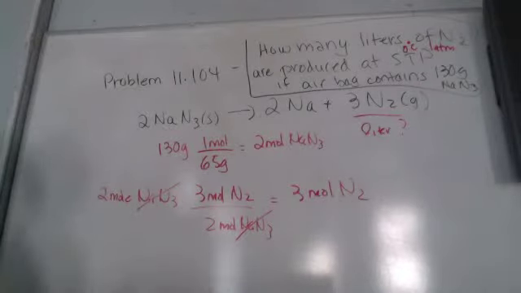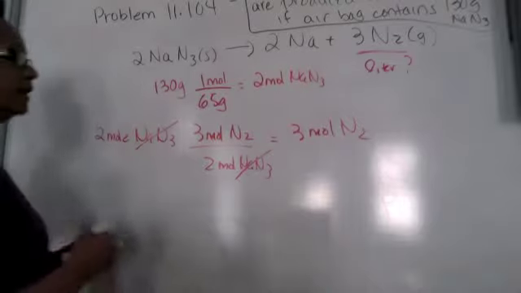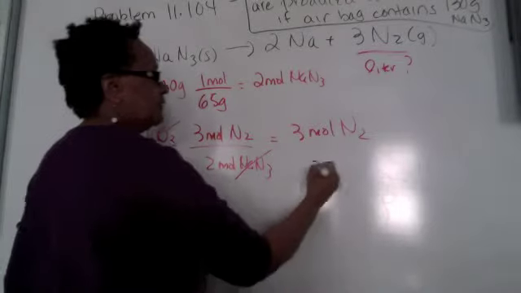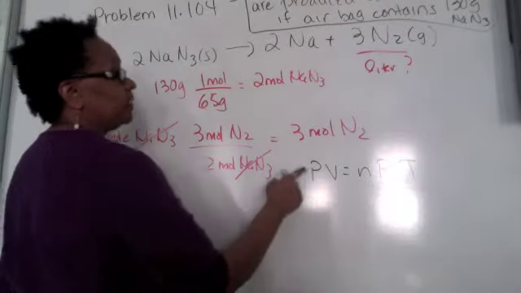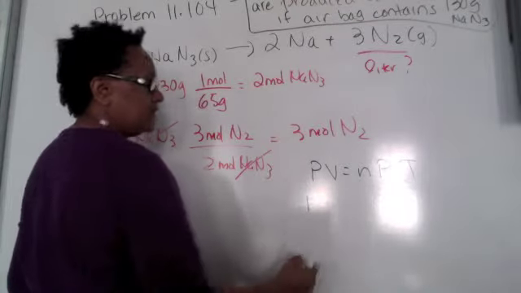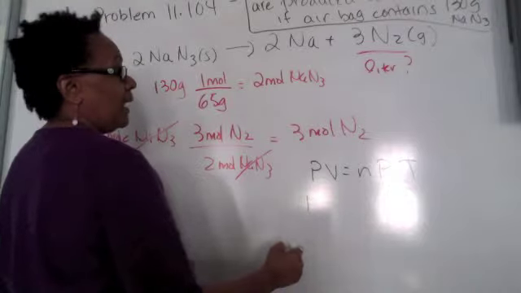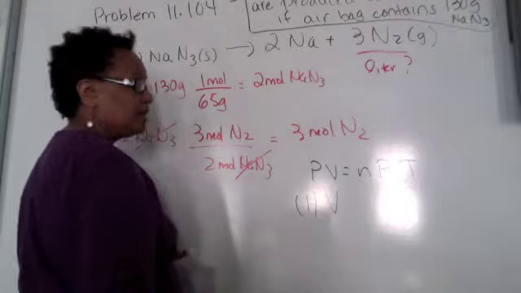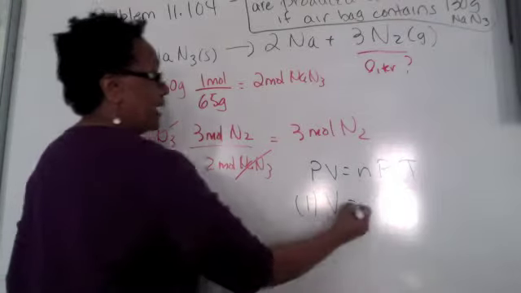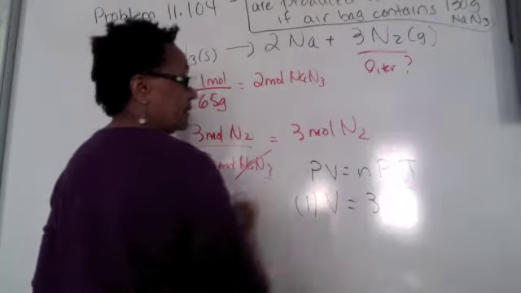Now, in order to get that at standard temperature and pressure, those moles, I have to use the ideal gas law. So I'll go ahead and continue here. PV equals nRT. My standard pressure is 1 atmosphere. My volume is what I'm looking for. I don't know it. That's what the question is. What's the volume? My moles is 3.